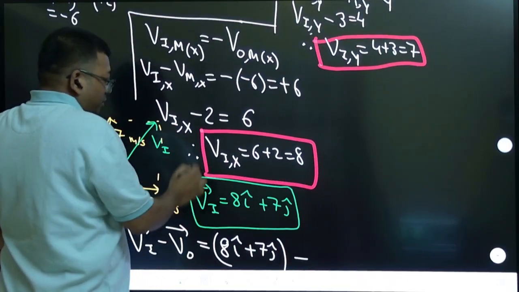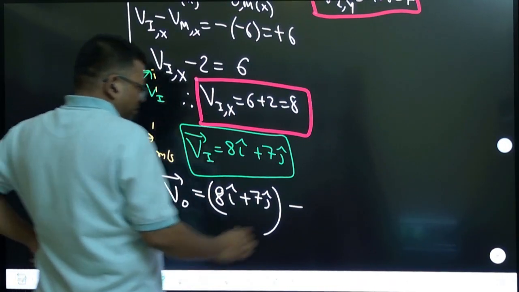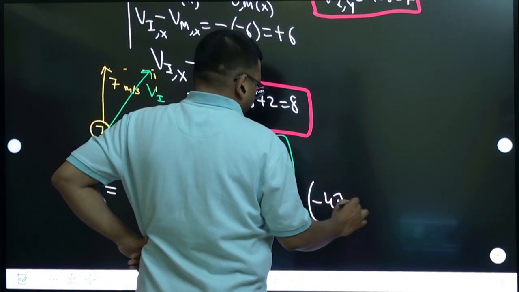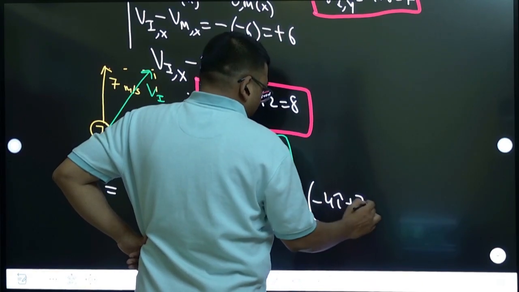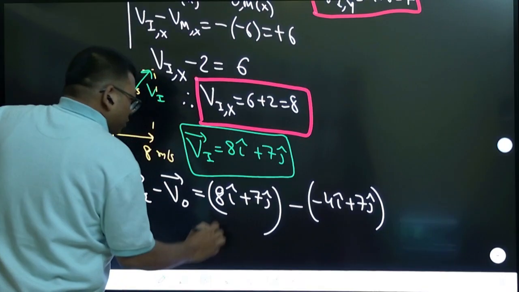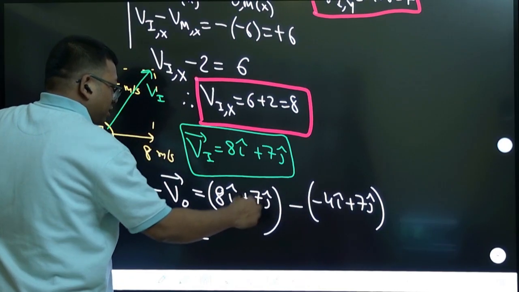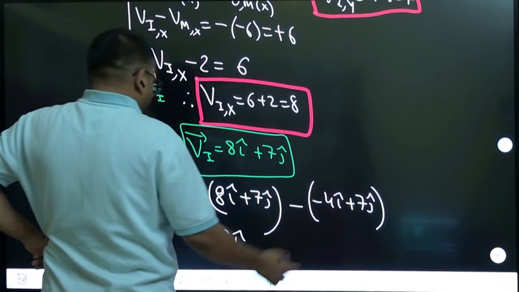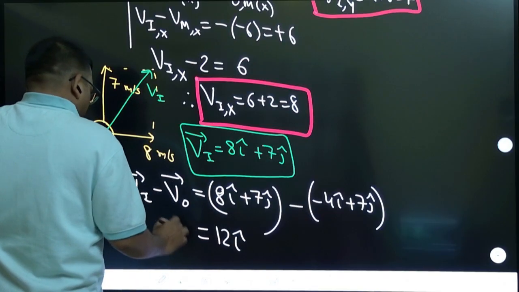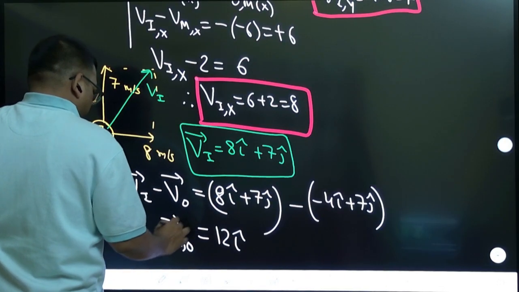Substitute and do the calculation. That's all. You get it, right? So 8 plus 4, 12 i cap, and 7 minus 7, 0. That's all. This is the answer, velocity of image with respect to object.